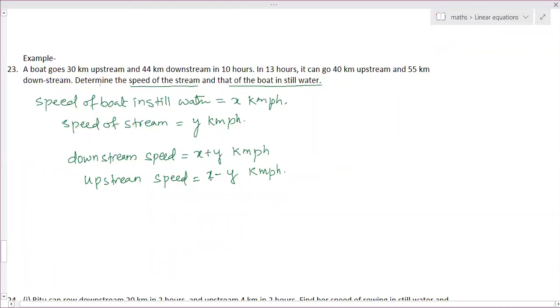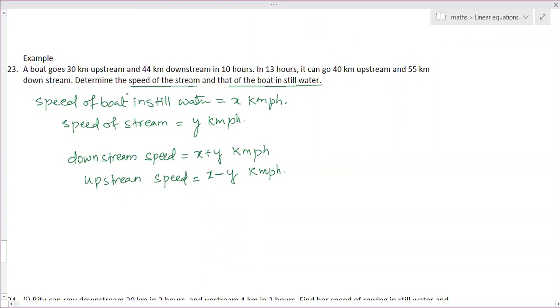Is it clear? Why x minus y? Because the speed of the boat should be much higher to move against the river. So x minus y kilometer per hour is the upstream speed. Downstream speed is always x plus y.